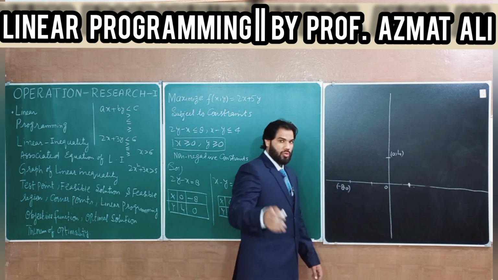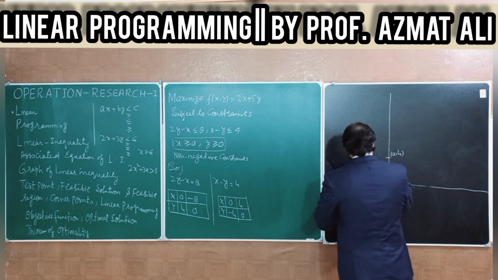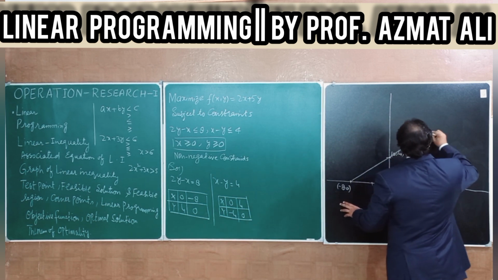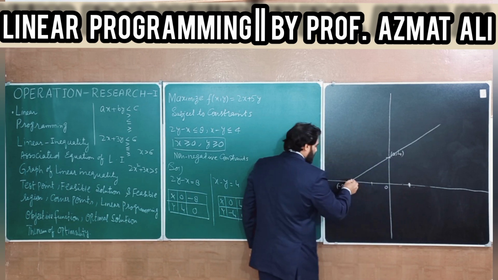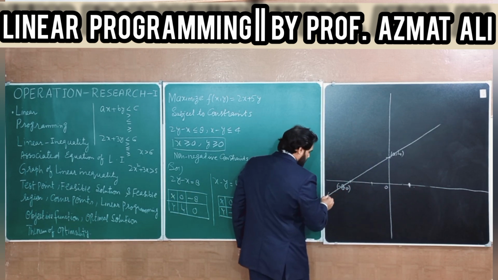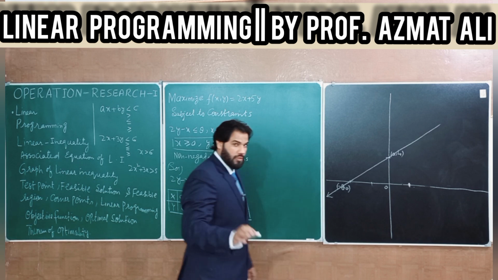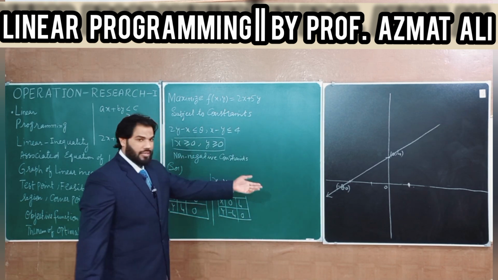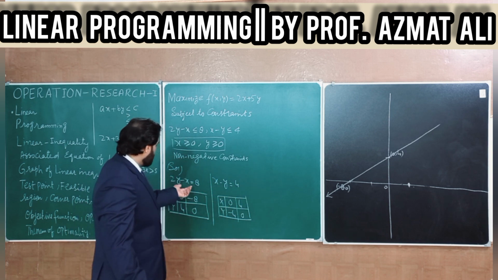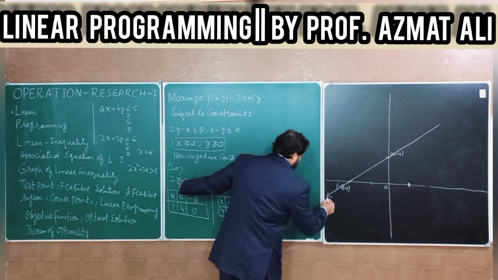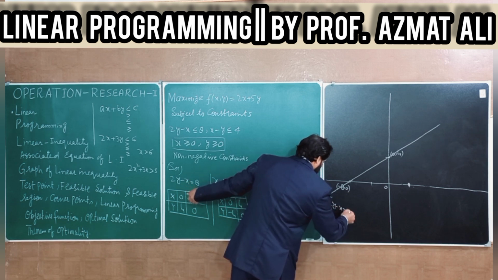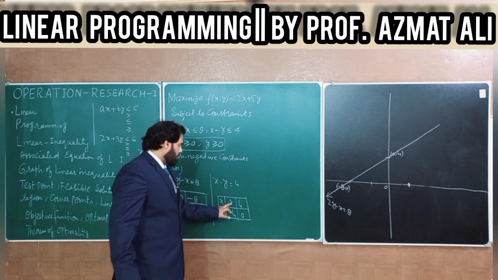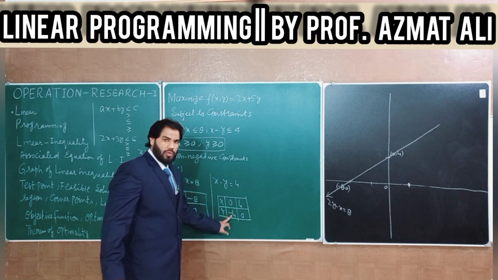By joining these two ordered pairs, we get this line, which is the boundary line of the first inequality, 2y - x ≤ 8. So this straight line represents the graph of the equation 2y - x = 8. Second, when x is 0, y is -4, which lies on the negative y-axis.